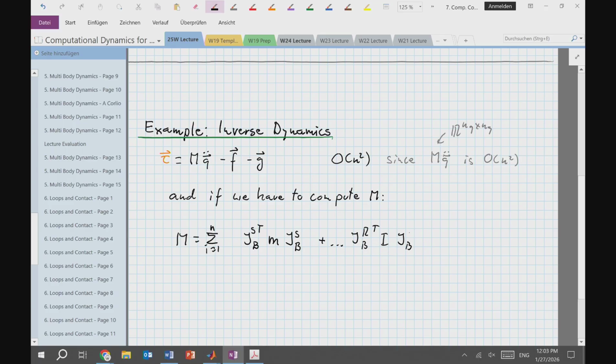Doesn't matter. What's the computational complexity of this? Computing the mass matrix.